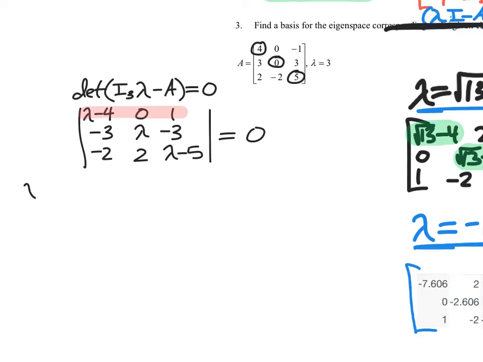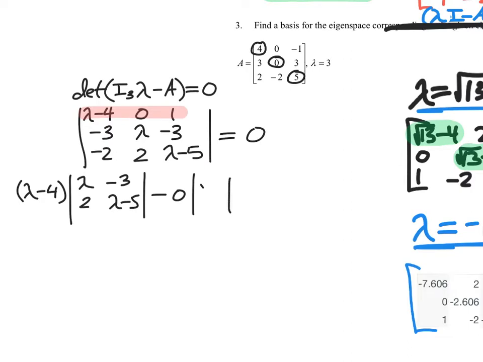So I'd have lambda minus 4 multiplied by the 2 by 2 matrix that results if I remove the lambda minus 4 row and column: lambda minus 3, 2, and lambda minus 5 would remain. The next coefficient there would be 0, so it doesn't matter what the matrix is. I'll just put an X there because it's going to zero out anyhow.